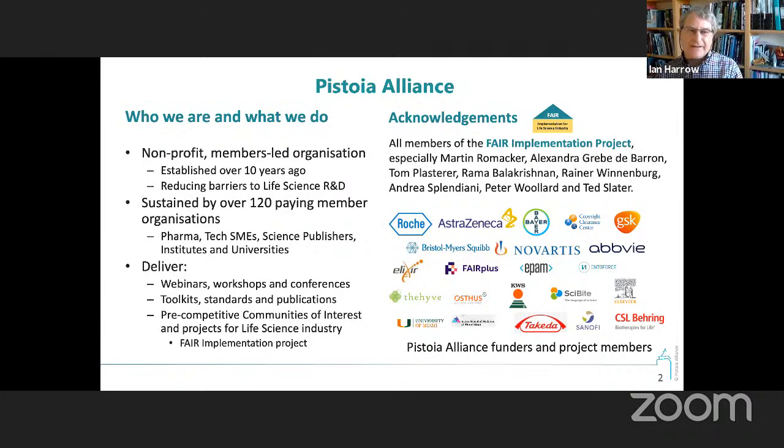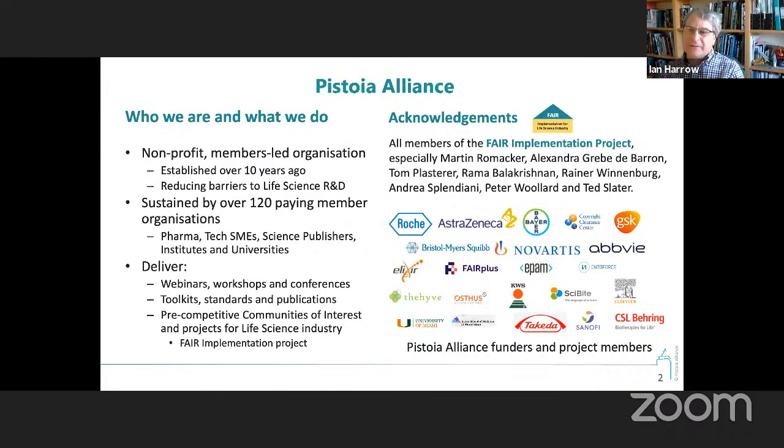So this FAIR toolkit has come from the FAIR implementation project for life science industry. And I'd also like to acknowledge all the important people before I go into the presentation. So all members of the FAIR implementation project, especially the project champions, Martin Romacker, Alexandra Greb-de-Baron and Tom Plastra, also Rama Balakrishnan, Raina Winnenberg, Andrea Splendiani, Peter Willard and Ted Slater.